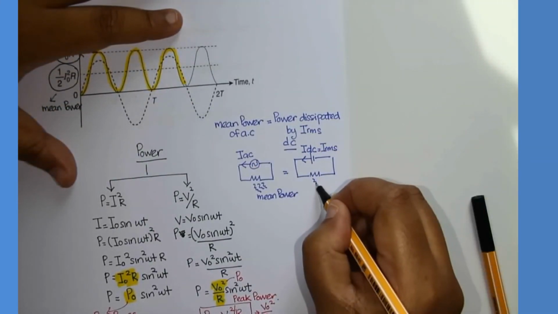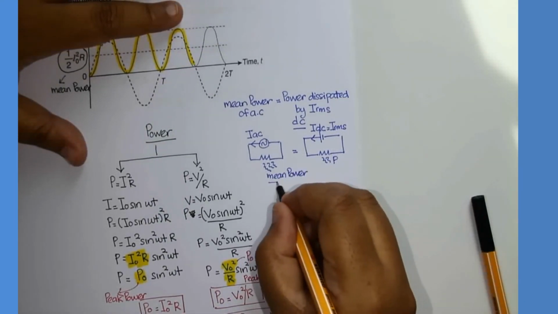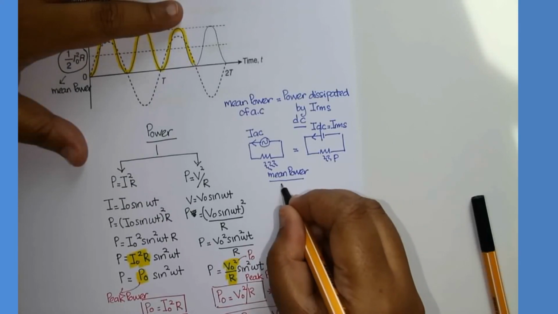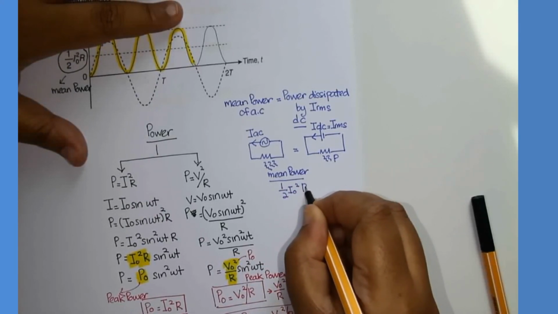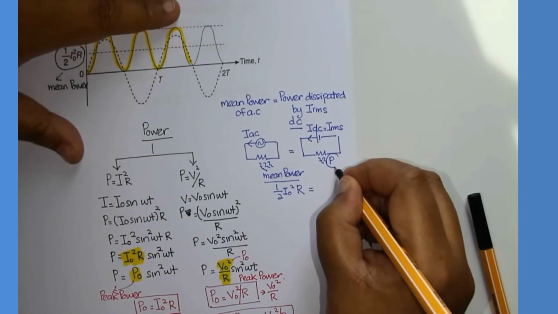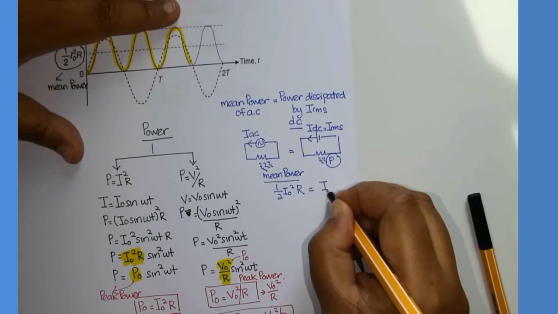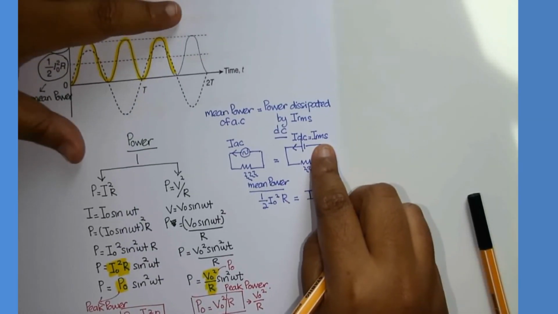So here the power dissipated is P. The mean power is half I naught square R. Here the power is I square R, and IDC we know equals IRMS.